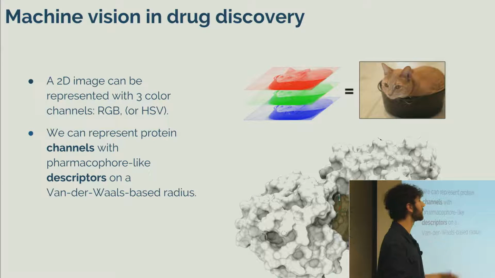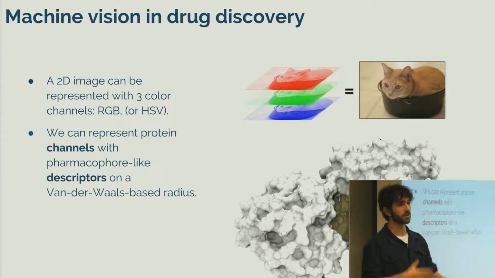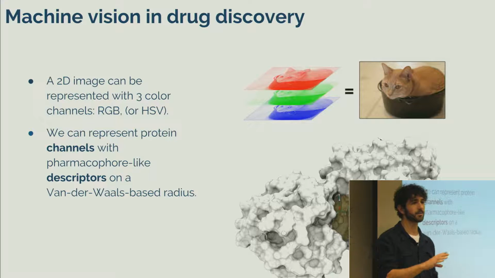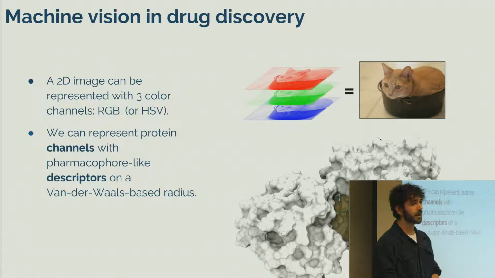Convolutional neural networks have been the main development in machine vision, all these ImageNet algorithms that are able to recognize elements in pictures and all this stuff.